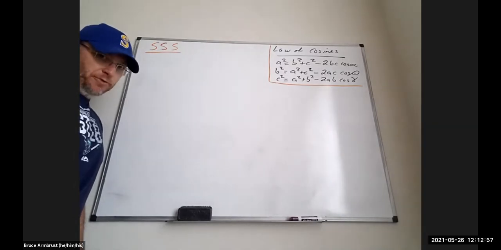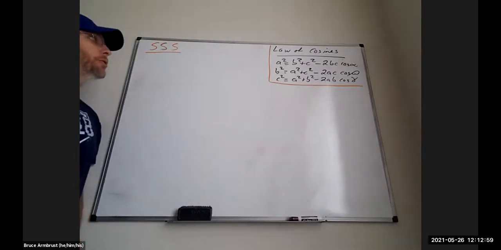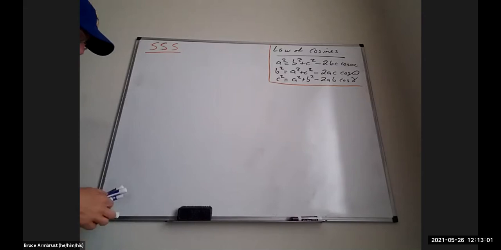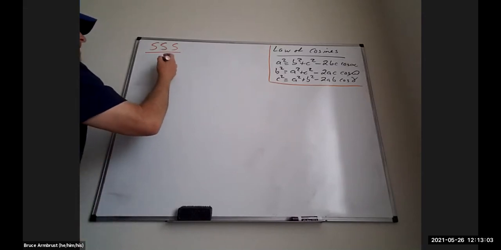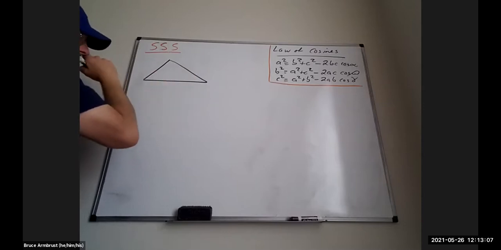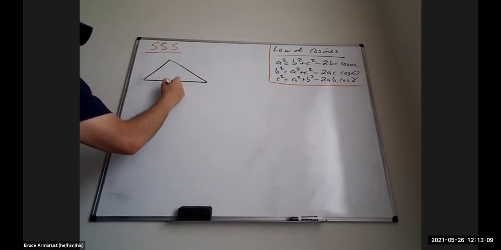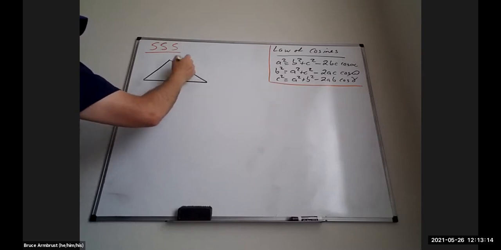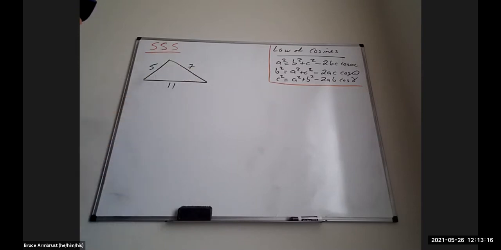I need special tools to find angles. So this is actually one of the more common things that we'll see. But let's just say, here's our generic triangle. And let's say that we know the side lengths are 11, 7, and 5.